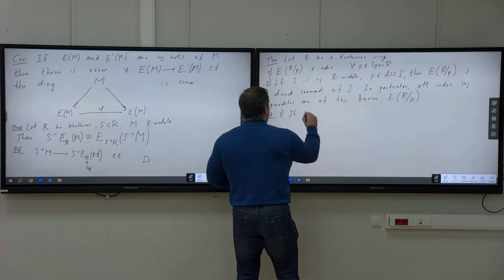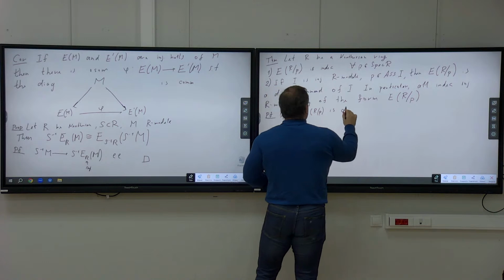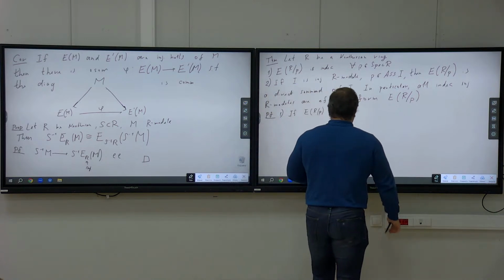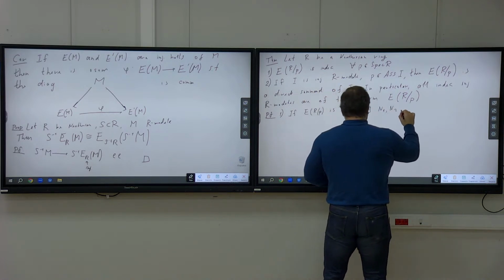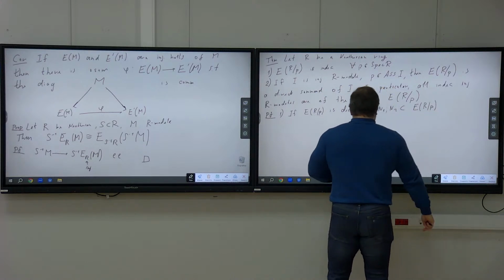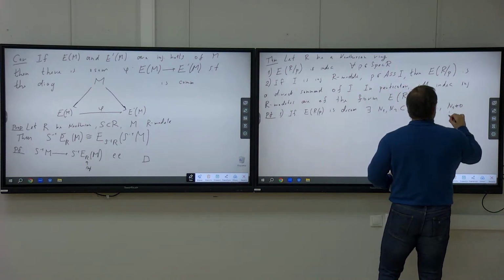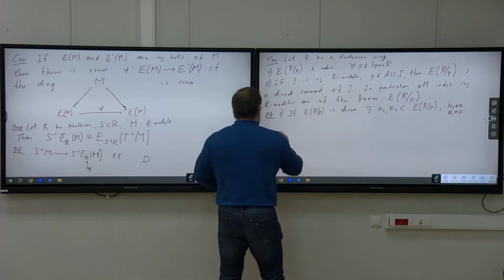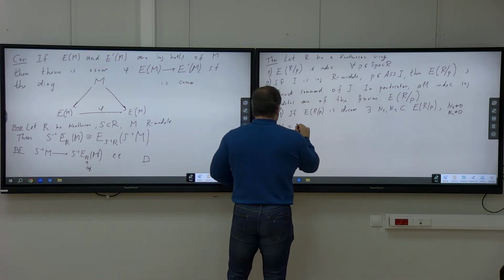So if the injective hull of R modulo P is decomposable, then there are two modules, N1 and N2, inside the injective hull of R modulo P. Of course, I want them to be non-zero, so N1 is not equal to 0 and N2 is not equal to 0, such that the intersection of N1 and N2 is 0.